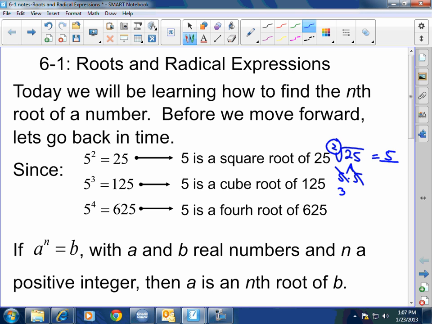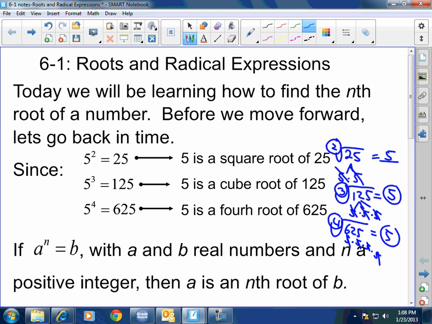When I'm doing the cube root of 125, I'm looking for sets of 3. Well, 5 times 5 times 5 is 125. 1, 2, 3 5s, that's one set of 3 5s, comes out as a 5. When I'm doing the 4th root of 625, I'm looking for sets of 4. So this would be 5 times 5 times 5 times 5. 1, 2, 3, 4 5s comes out as one value.